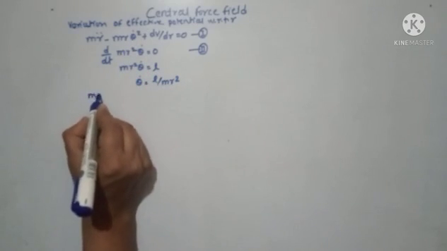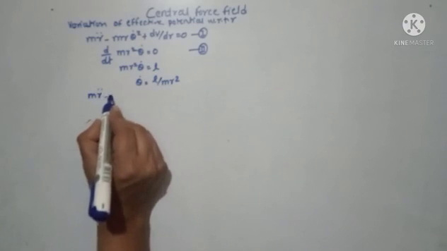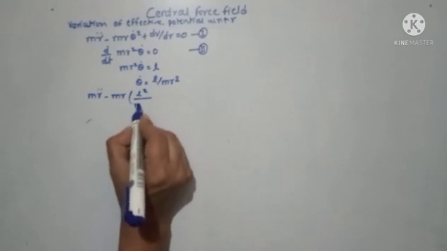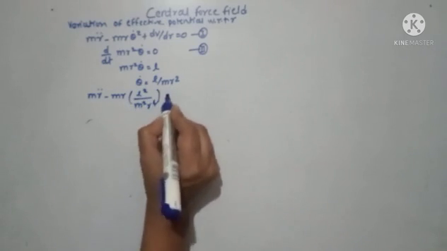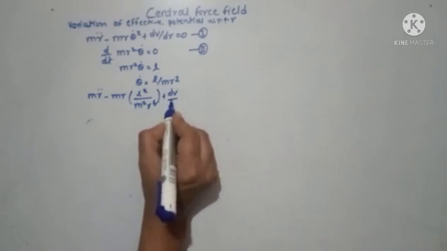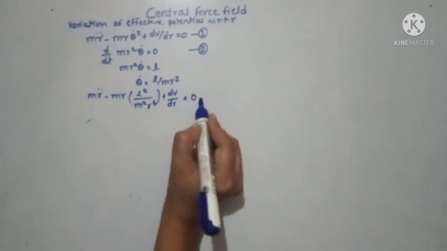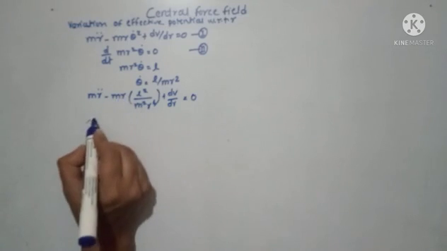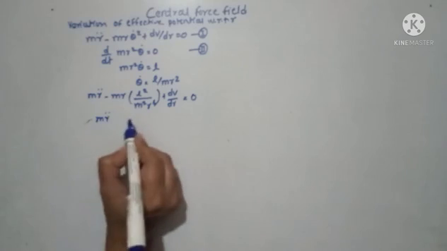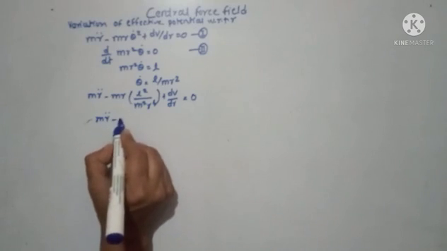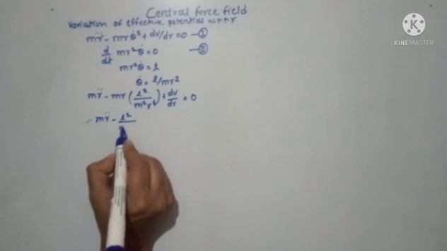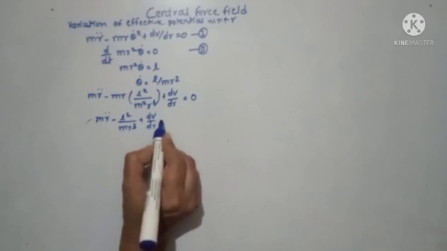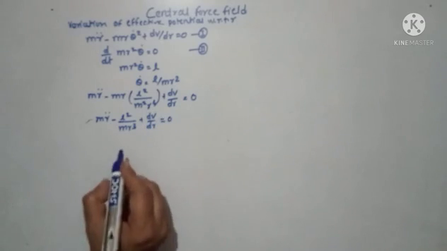So equation 1 will become m r double dot minus m r L squared upon m squared r raised to 4 plus dV by dr is equal to 0. So 1 m will cancel, 1 r will cancel. So m r double dot minus L squared upon m r cubed plus dV by dr is equal to 0.